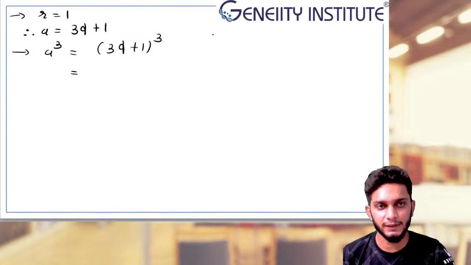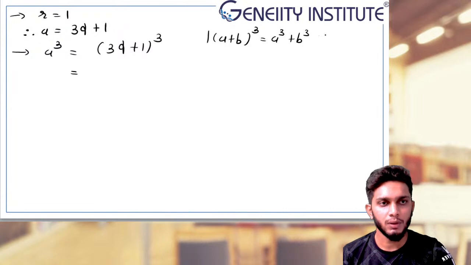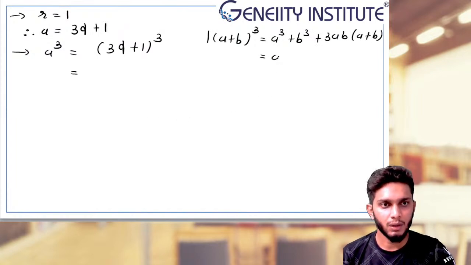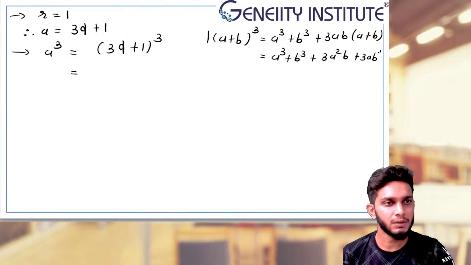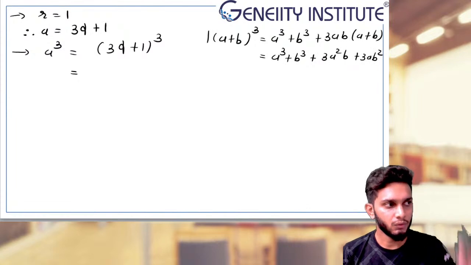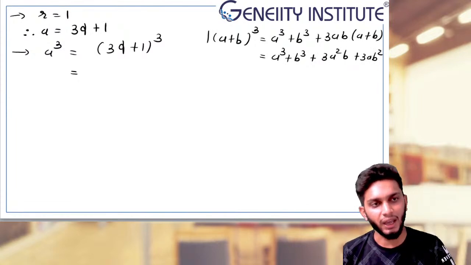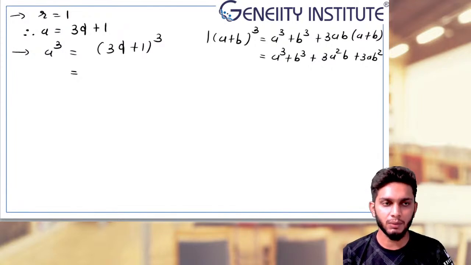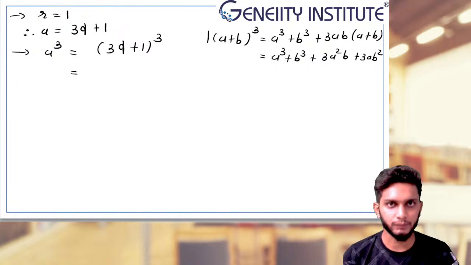Now the identity: a plus b whole cube equals a cube plus b cube plus 3ab into a plus b. We have another formula, a cube plus b cube plus 3a square b plus 3ab square. We have these two formulas.